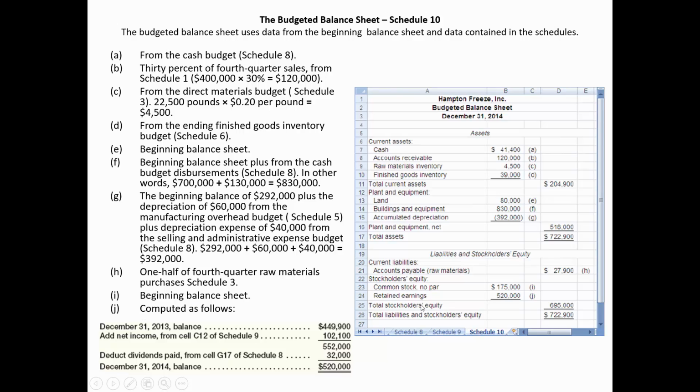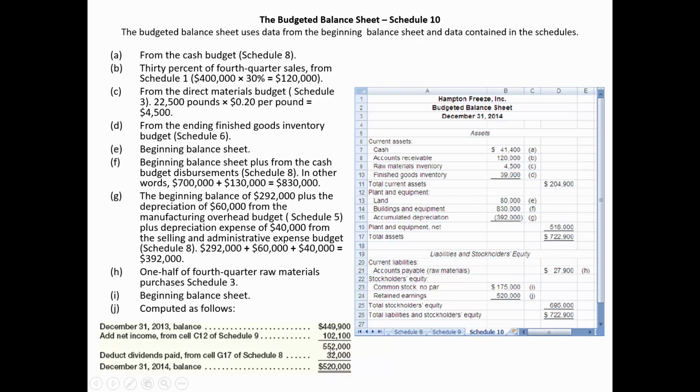Now we're looking at J, our retained earnings. So how are we going to calculate that? Well, we had our beginning balance as of our ending balance from last year, our beginning balance for this year, same thing, of $449,900 for retained earnings. Next, from our budgeted income statement, we see that we're going to add $102,100 in net income.